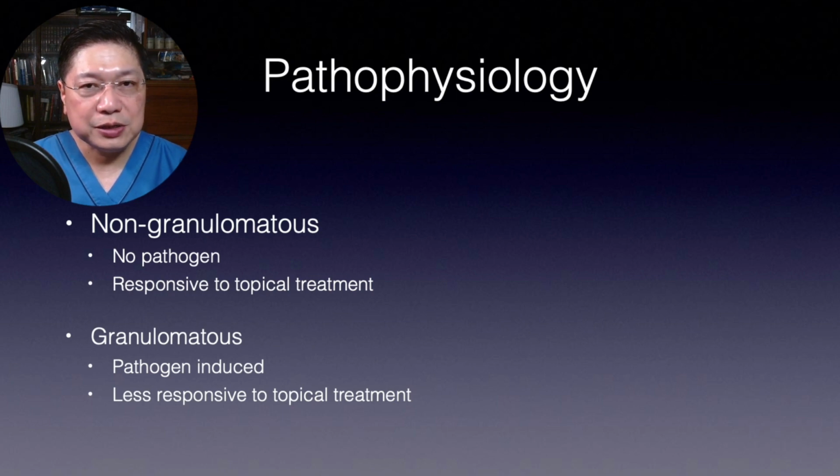Whether you can find it or not, usually it's inside the granuloma, and because of the granuloma, it's less responsive to topical treatment. Your granuloma is your body's way of defending itself by putting up a wall around the infection or the antigen. Unfortunately, that wall also prevents treatment from going in and resolving the problem.